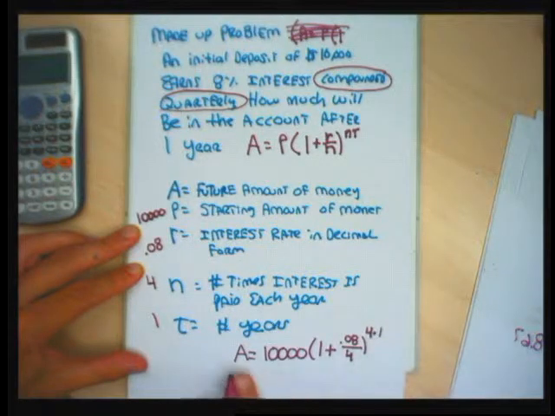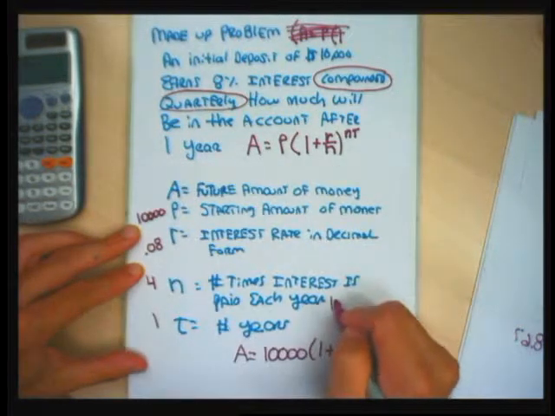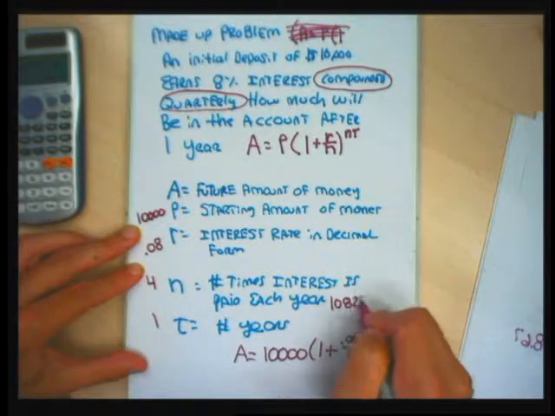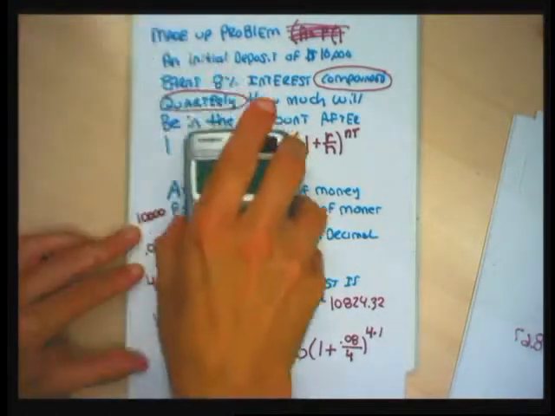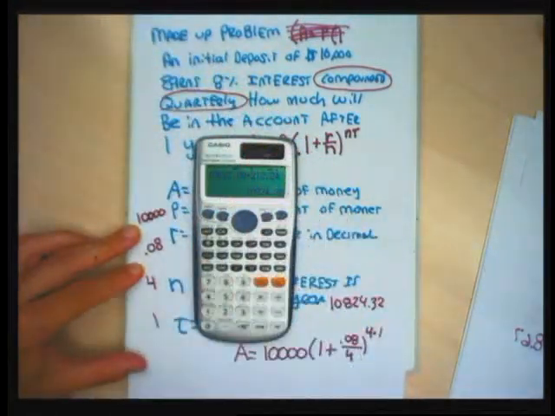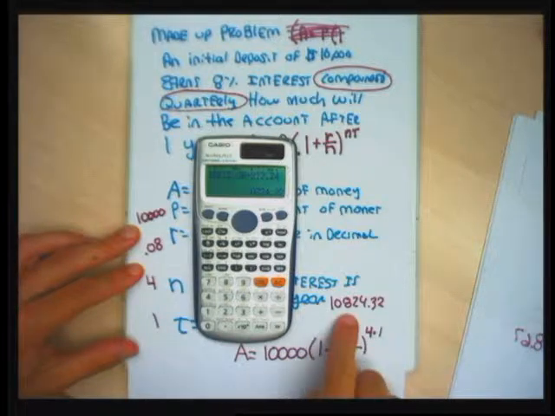So I claim that if I use this formula, I should get exactly that answer, $10,824.32, because the answer to how much money I'm going to have in 1 year should be independent of how I get the answer. So this is a rounded answer, and my answer should round to this as well. So I'm going to do this on my calculator and show you that I can use the formula, if I understand the formula, to get the answer.